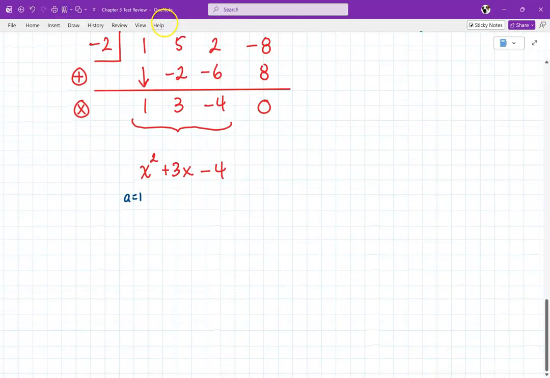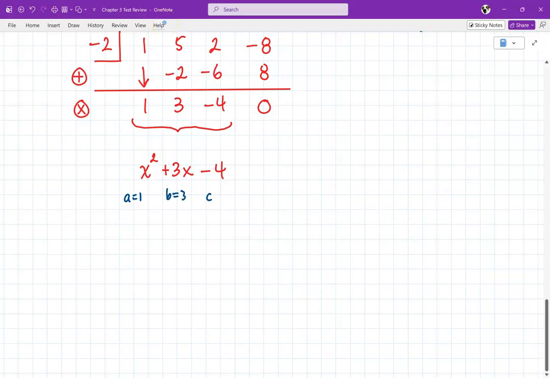So a is 1, b is 3, c is negative 4. We'll use the x method. A times c is negative 4, b is 3. My two factors that give me a 3 when I add them, but a negative 4 when I multiply them, will be a positive 4 and a negative 1.